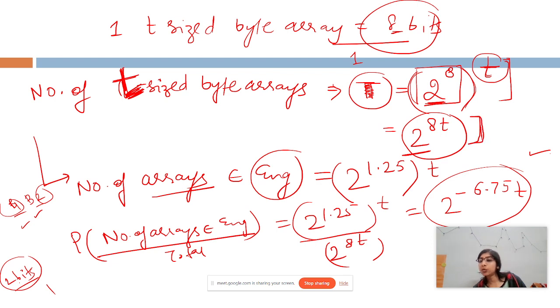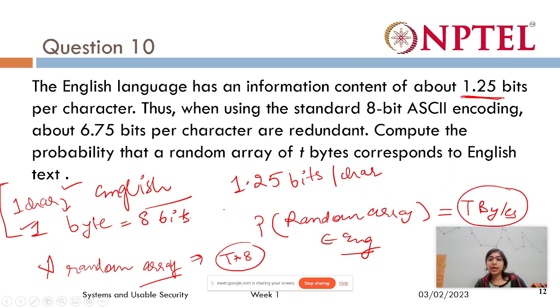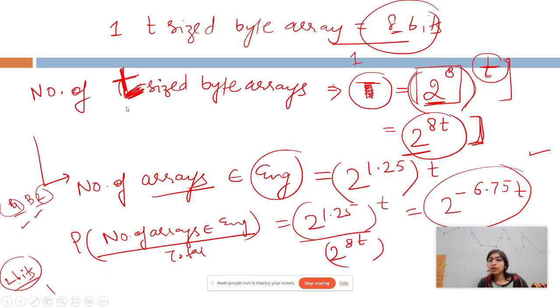As of now, we do not know what language it belongs to. But here the question says if it should belong to English language, then it should take 1.25 bits per character, right? So instead of writing 8 for one character, because it's an English character, I wrote 1.25, and this is still in power t.